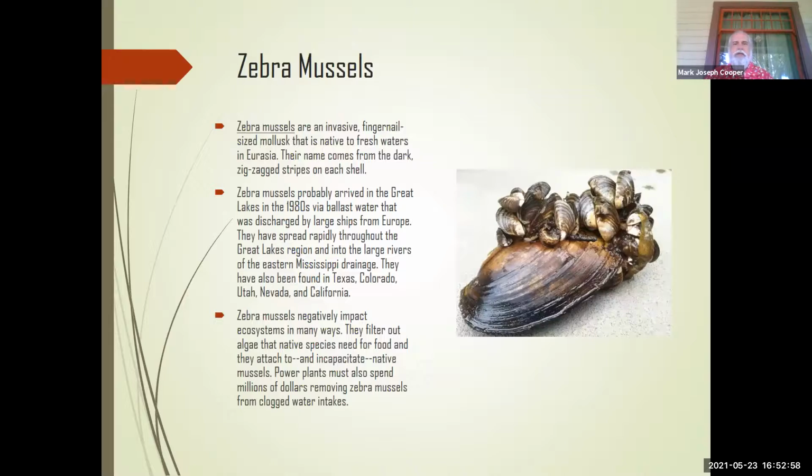All right, and then another one your book talks about, which is local, so I want to talk about that, would be the zebra mussels. These things are also extremely invasive. What you're seeing here in the picture is the bigger one is a California mussel. This is actually, yeah, California mussel. This is our native mussel.